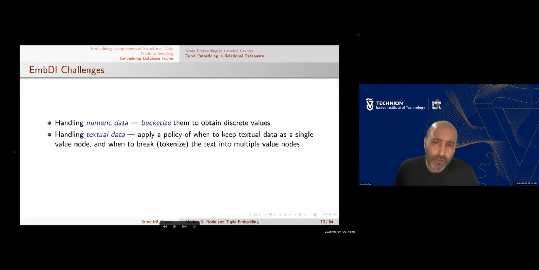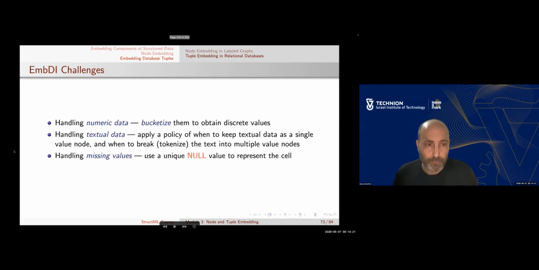They have some policy on when to treat the entire text as a single cell value and when to break some text into multiple cell values. And then missing information, missing values. They also handle that and they use a special null value to represent the non-existing cell value.